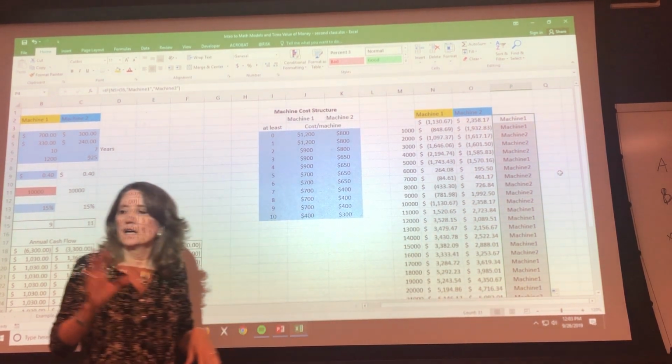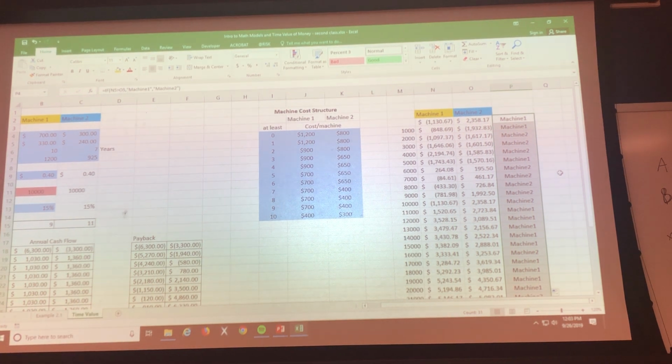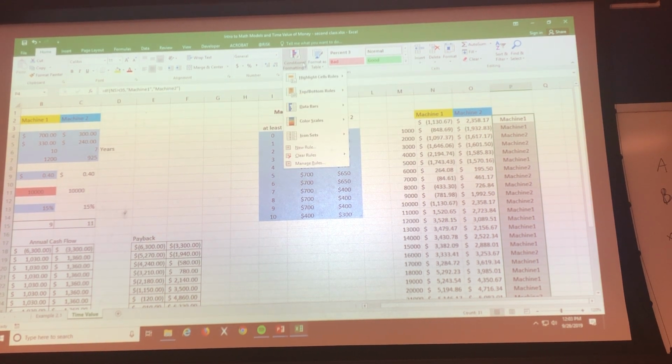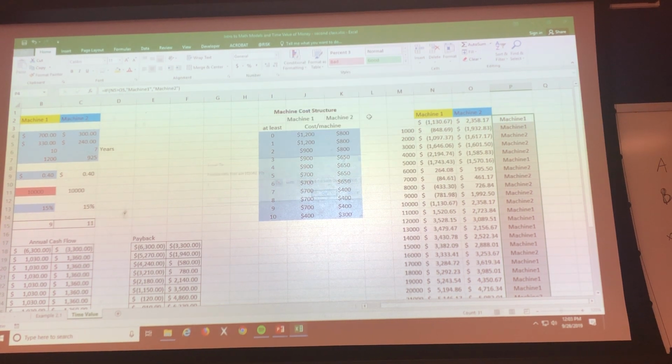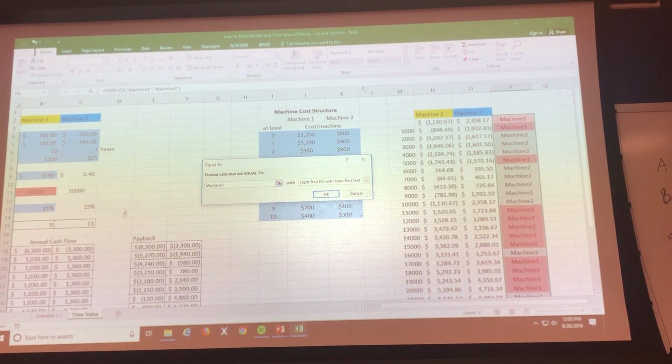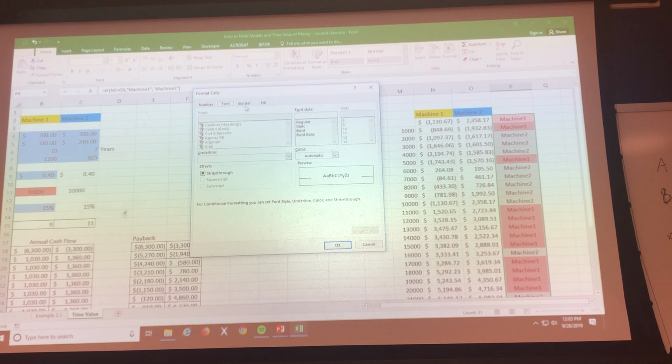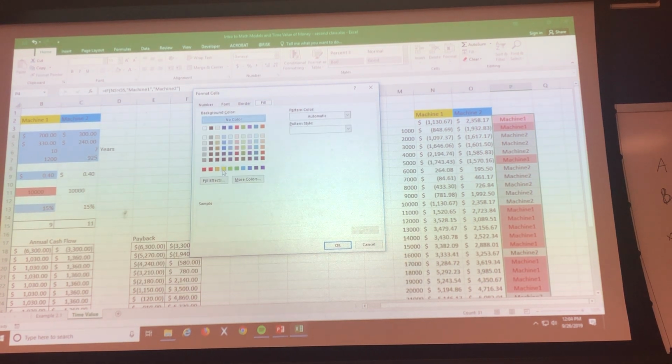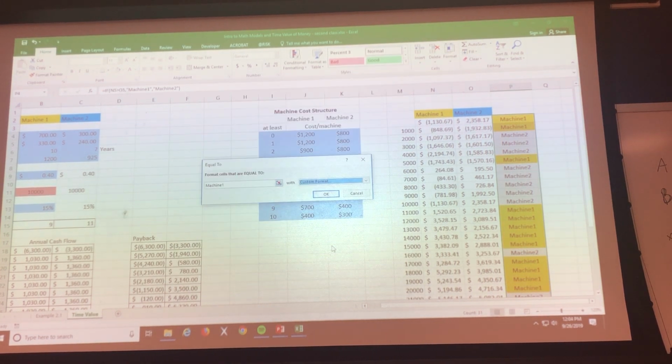Okay, I can even get a better visual. Again, you don't have to do this because this is just for me, so we can be looking at it. I'm going to put a conditional format on those cells and highlight them if they equal machine 1. I'm doing this quickly because again, you don't have to be doing this part right now.